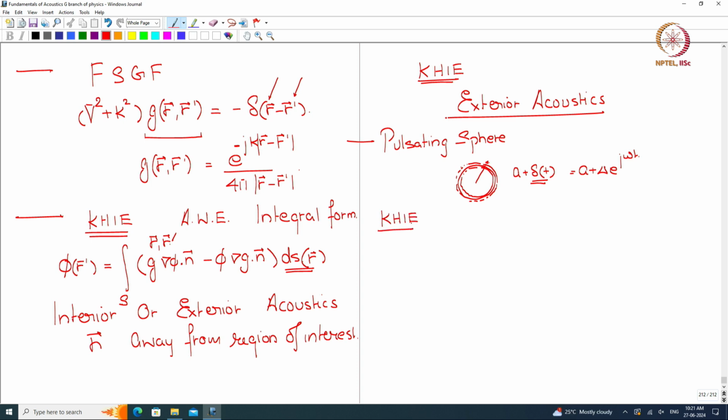Let me say before that, we derived the Dirichlet and Neumann-Green functions for the spherical coordinates.